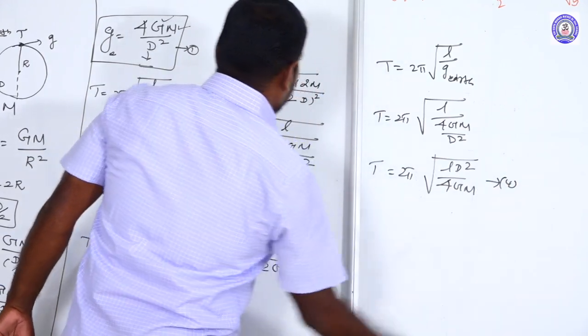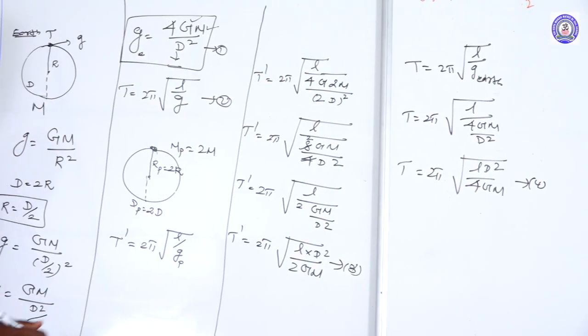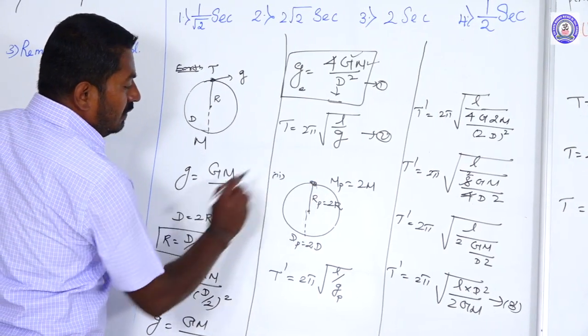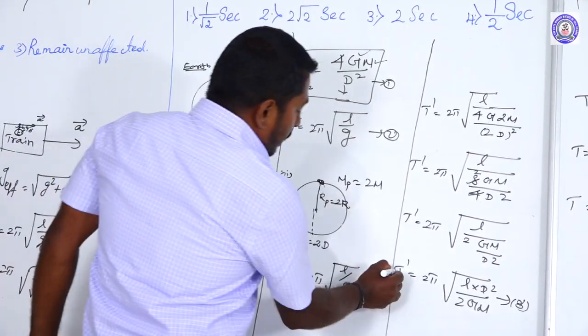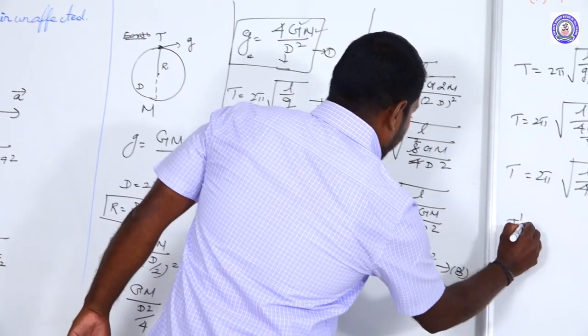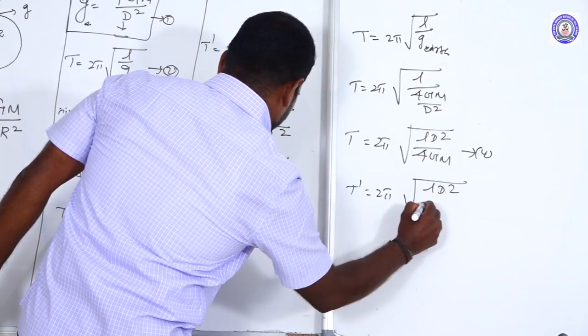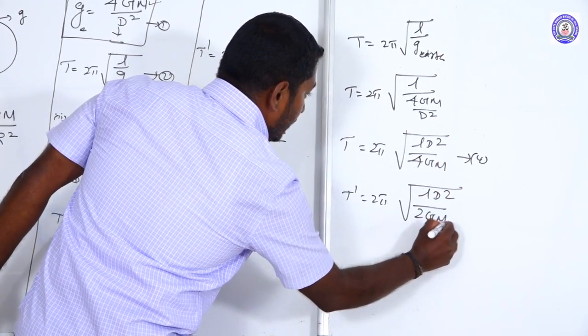Equation number 4. Then the same simple pendulum experiment is performed in the second case on the surface of the imaginary planet. That expression, time period of oscillation T prime, is equal to 2 pi square root of L d square divided by 2GM.